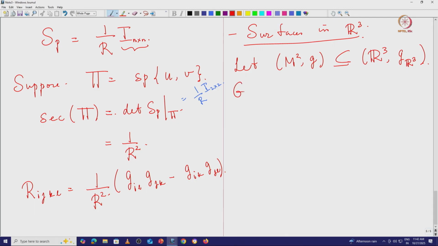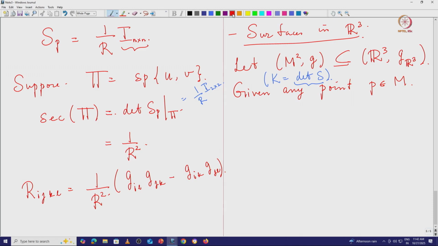So suppose I am given any such surface. The thing that I want to describe now is how to actually calculate the Gauss curvature using curves on my surface, right. Recall that the Gauss curvature in this case is simply given by the determinant of the shape operator, right. So the idea is how do you calculate the determinant of the shape operator using curves.